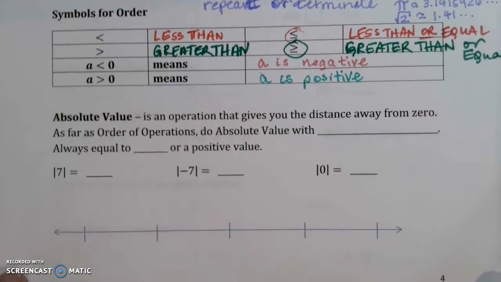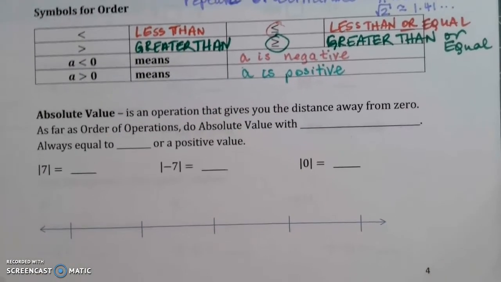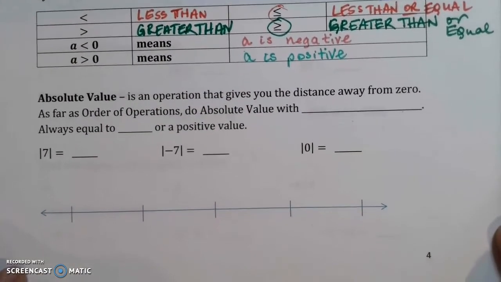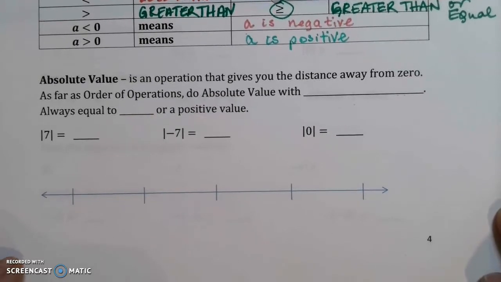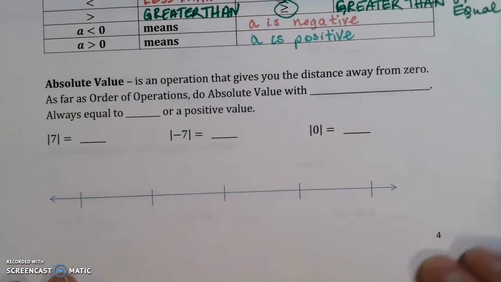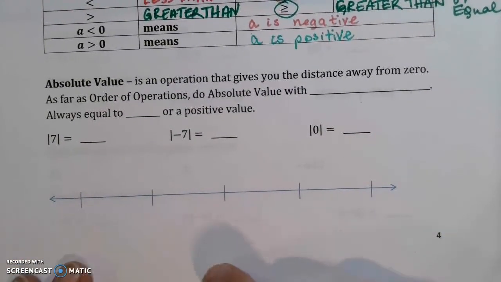The next little bit here we're going to do is a review of absolute value. And absolute value is how far away you are from 0. And when we are working with absolute value in terms of order of operations, we are going to put that in with the parentheses.